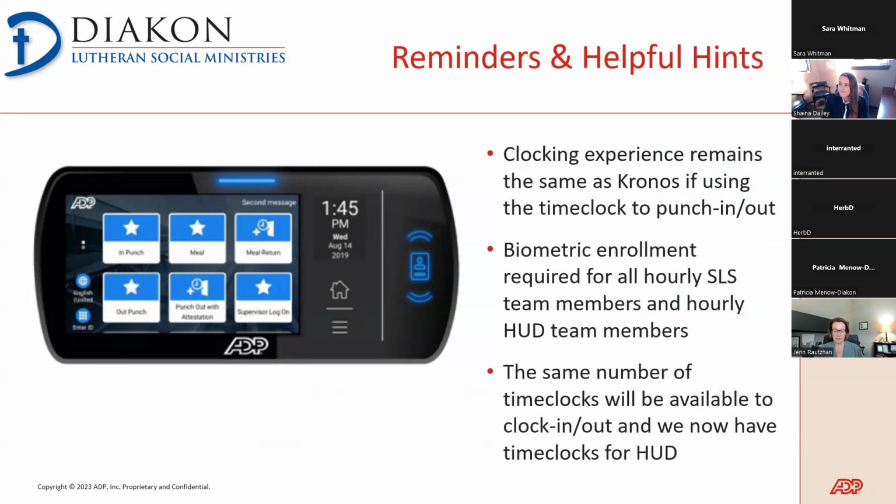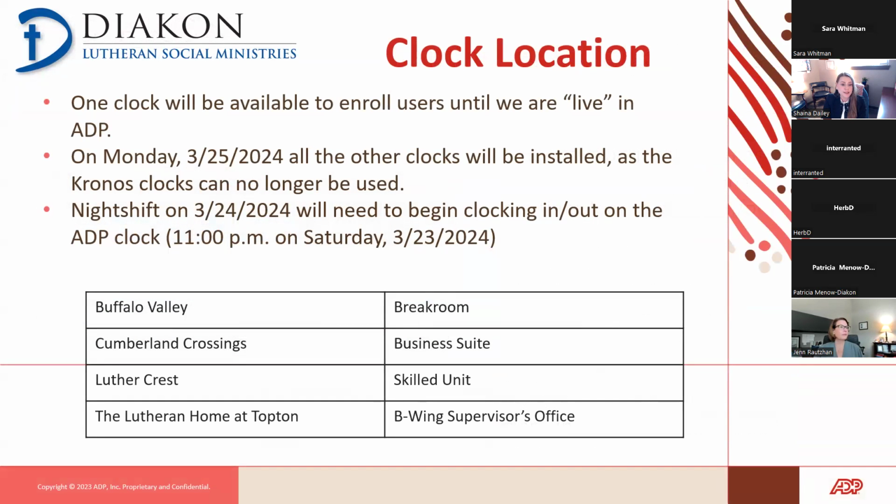Also wanted to highlight, we've ordered the same number of clocks, so the same available clocks will be available at our campuses, in addition to ordering a time clock for all of our HUD locations for our hourly HUD team members. In terms of the transition and go live, there's one clock available at our senior living campuses, and that's the clock you should be using now to get individuals enrolled in the time clocks. Then on Monday, March 25th, Rick and his team will be installing the other clocks. So there is going to be a window of time, probably 24 to 48 hours, where there is only one clock available for staff to clock in and out until those other clocks are installed.